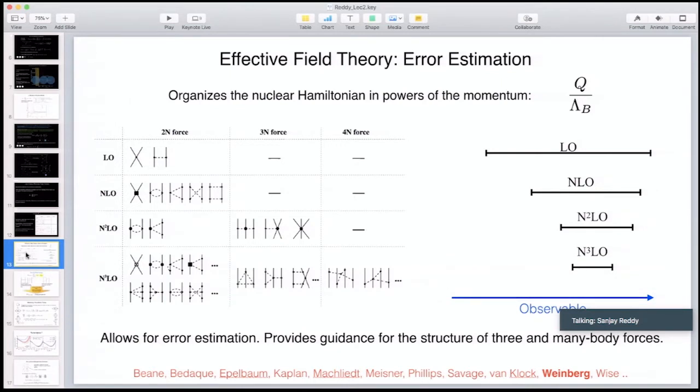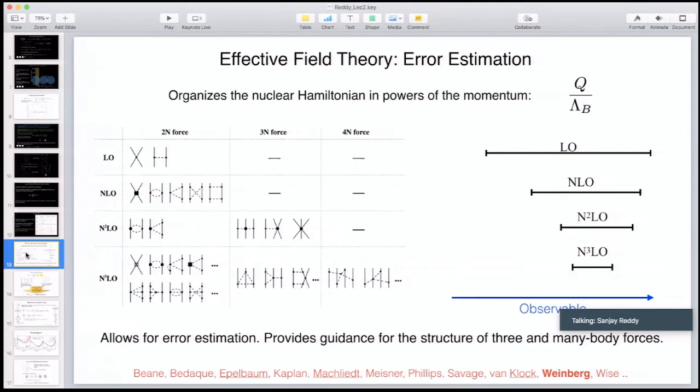You can estimate the error associated with the leading order calculation. It basically says, if I were to calculate the next order at this momentum, how much of a contribution can I get? That allows you to get an error bar for the leading order estimate. You can then do the same thing at next to leading order, estimate what the next to leading order contributions could be, and calculate an error bar. And you can continue doing this to the point where you've convinced yourself that this expansion in terms of operators is actually converging for your observable.